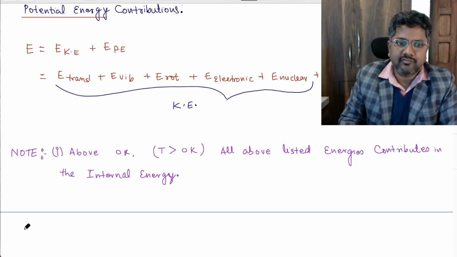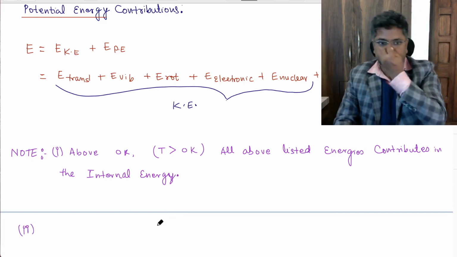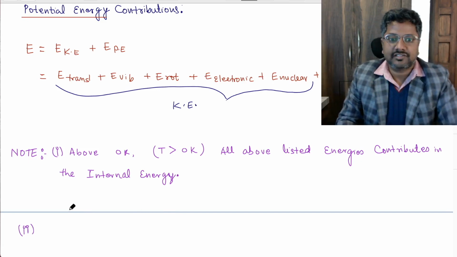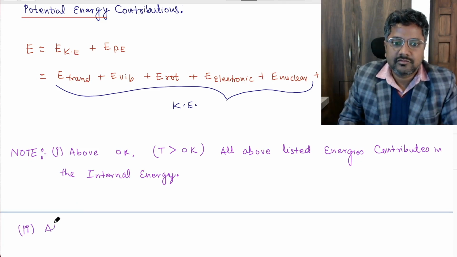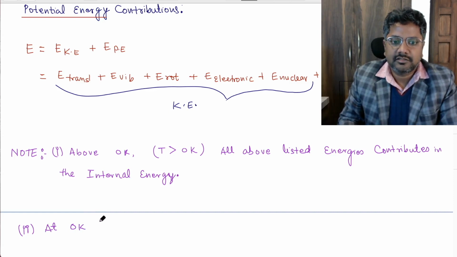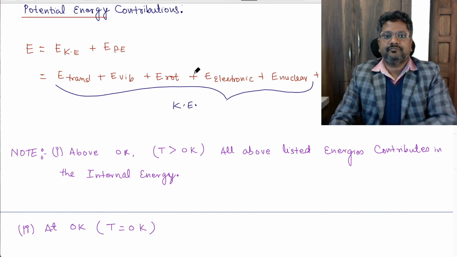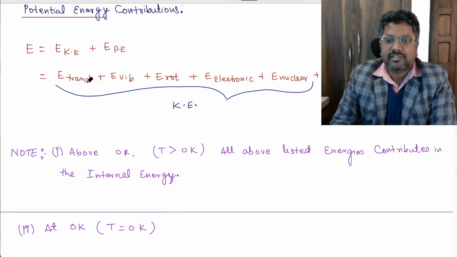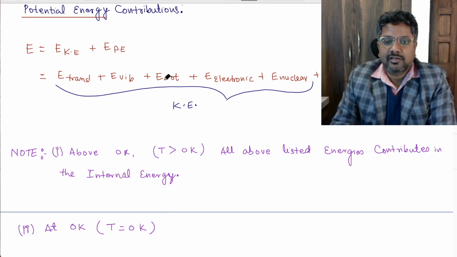Now the second point is, at 0 Kelvin, that is T is equal to 0 Kelvin. See, translational motion ceased, rotational motion ceased, right?